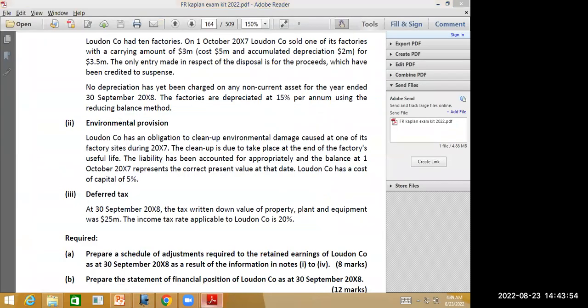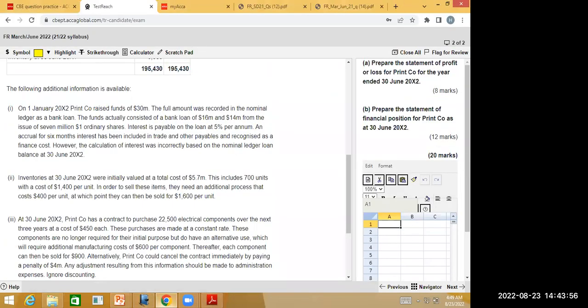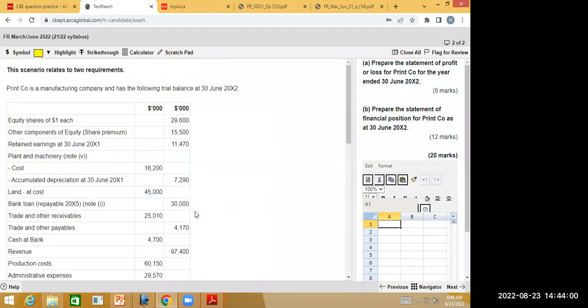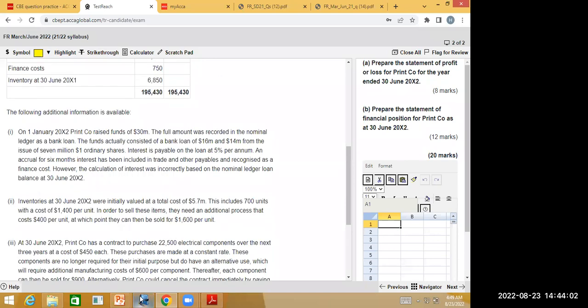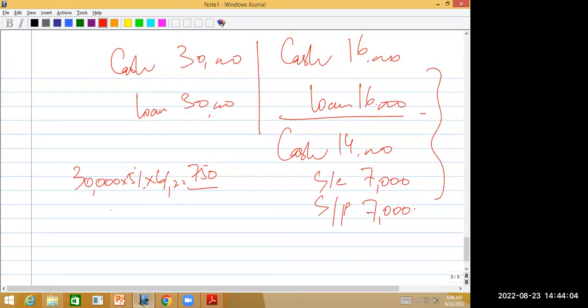When we borrowed this loan, 1st January, and the year end is 30th June. Okay. So what accounting entry have they made? Finance cost debit, interest payable credit by 750.